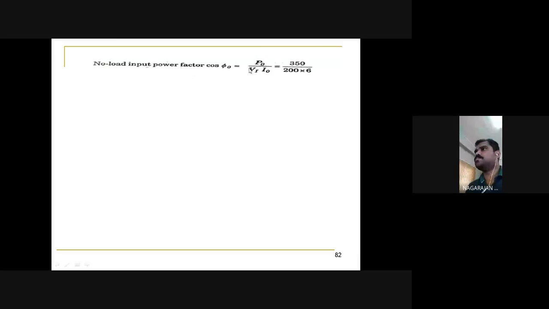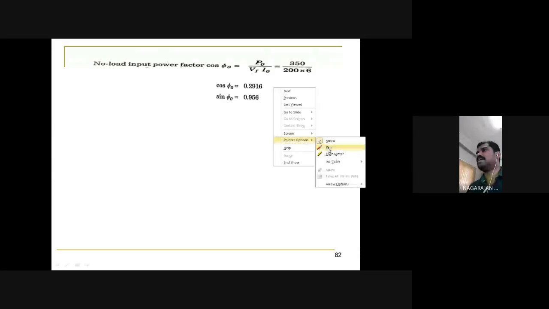So cos phi naught is P naught divided by V1 into I naught. What is the P naught value? It's just 350. The V1 value is 200 and the current value is 6. So we get cos phi naught as 0.2916. From this equation I'll find the value of phi naught.